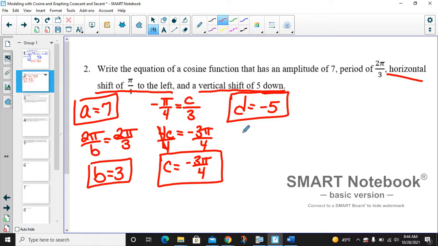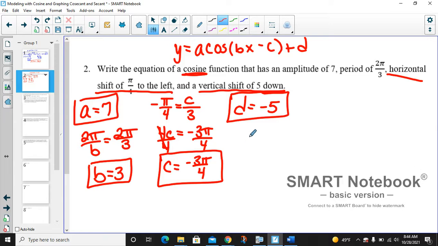So we can go ahead and say, again, it does say cosine. The only difference if it says sine is you write sine for your standard form. All right, so again, we have our y is equal to a times the cosine of bx minus c, all plus d. Like I said, the only difference if they were to say sine here is you would put sine. That's it.